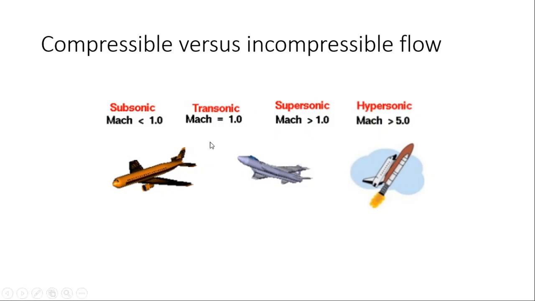But if we move forward from this part to the hypersonic side, we see a very different behavior. When the air strikes this surface, it is definitely compressed because of this high speed. So at that point, we have to consider the fluid as a compressible fluid.